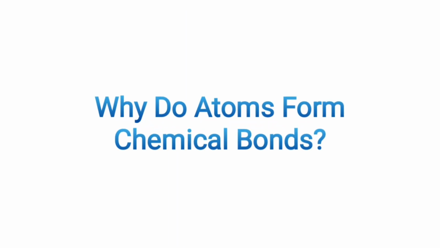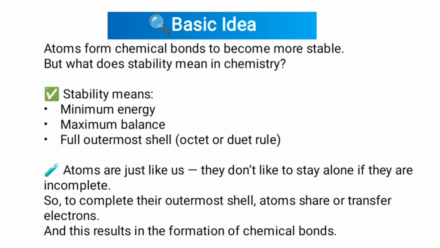Now, my dear student, why do atoms form chemical bonds? The basic idea is that atoms form chemical bonds to become more stable. But what does stability mean in chemistry?